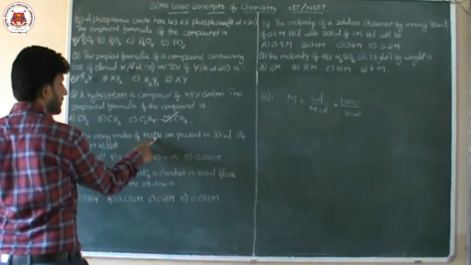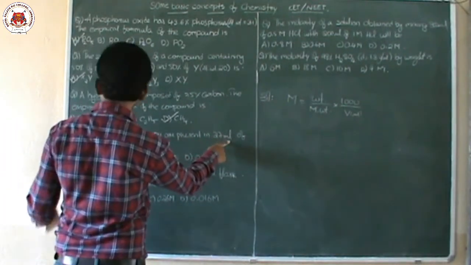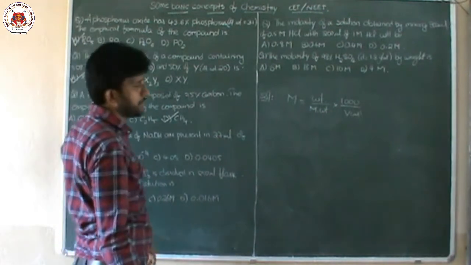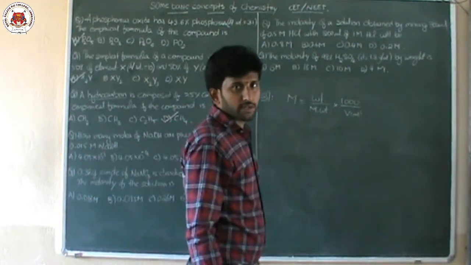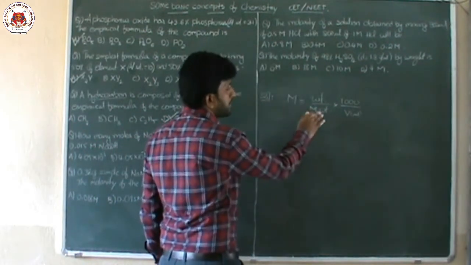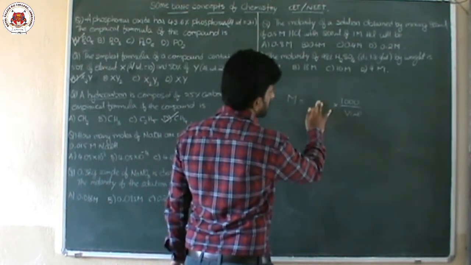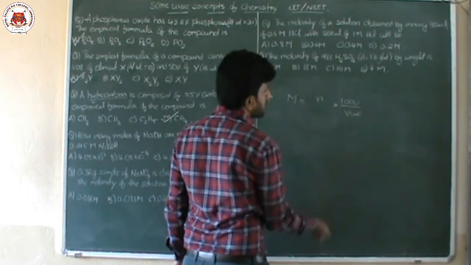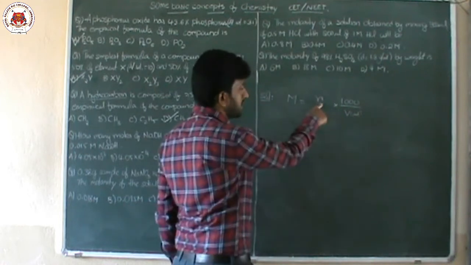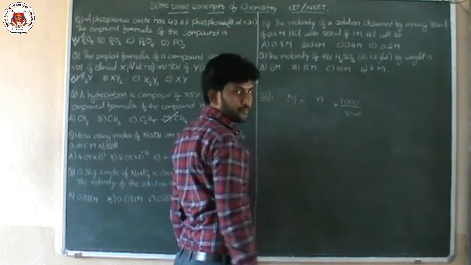They are asking moles, and moles means weight by molecular weight only. So that is n into 1000 by volume in ml. We want the n value.